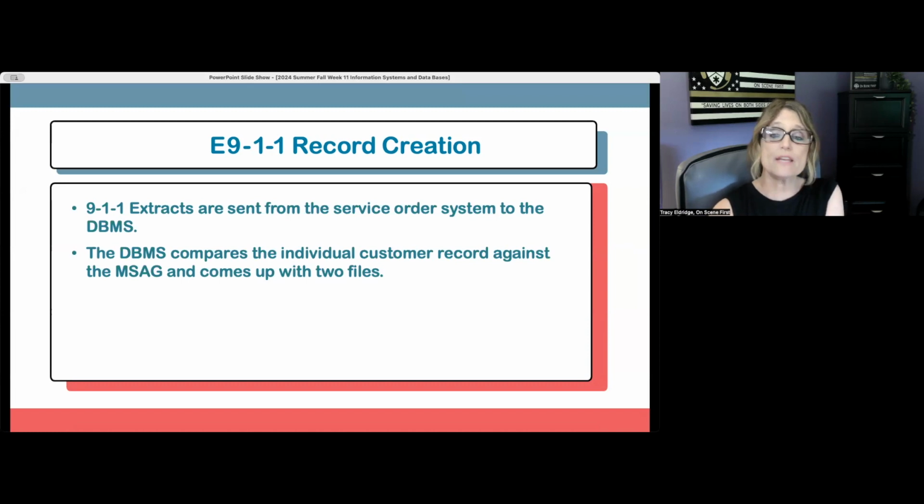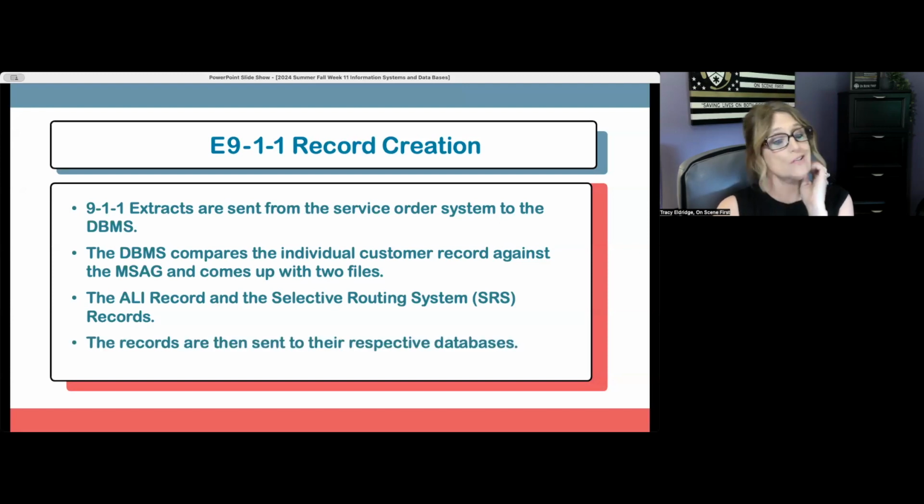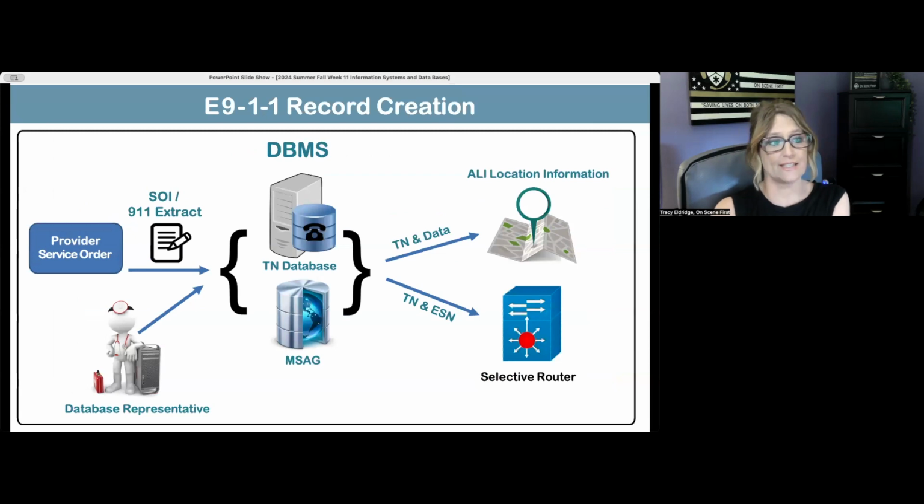The database management system compares the individual customer record against the MSAG and comes up with two different files: the ALI record and the selective routing system records. The records are then sent to their respective databases. And the chart on the next page will explain that.